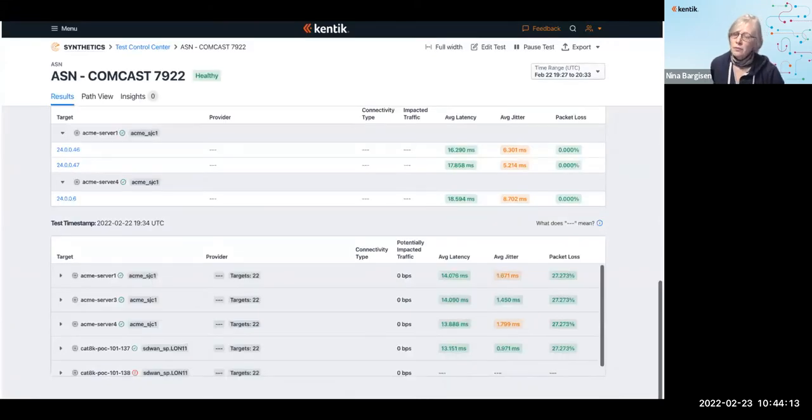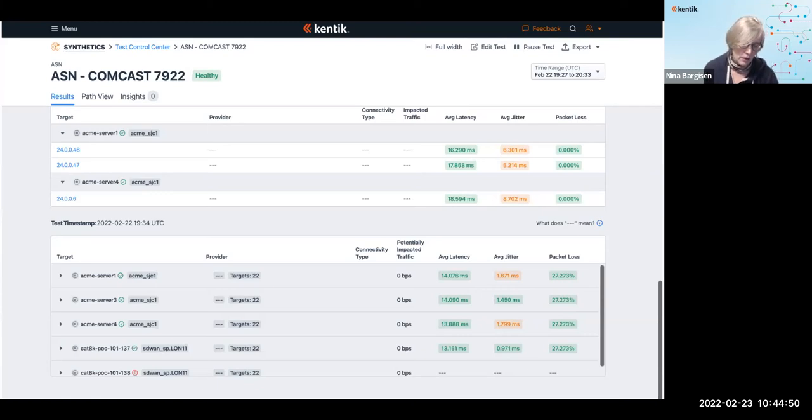So another use case for the synthetic testing that I was talking about before is also testing whether you're getting what you are expecting from your transit providers and from the peerings that you have set up. Using synthetic testing to test locations in specific ASNs that you care about will again tell you whether your traffic is routed as expected, or if there is anything happening in the network before it affects your customers' experience of their services.